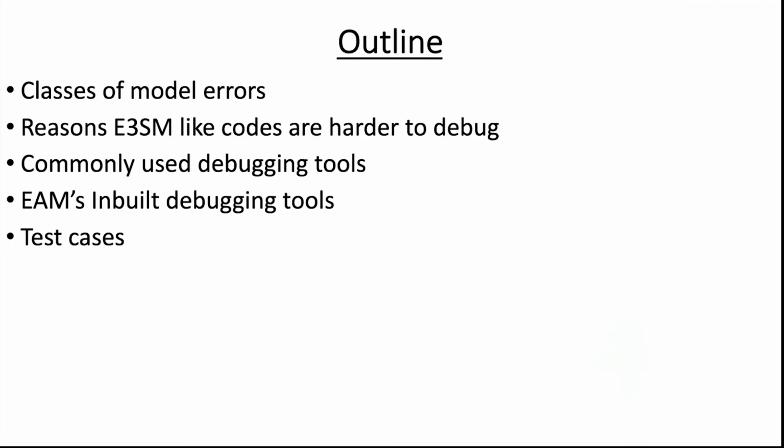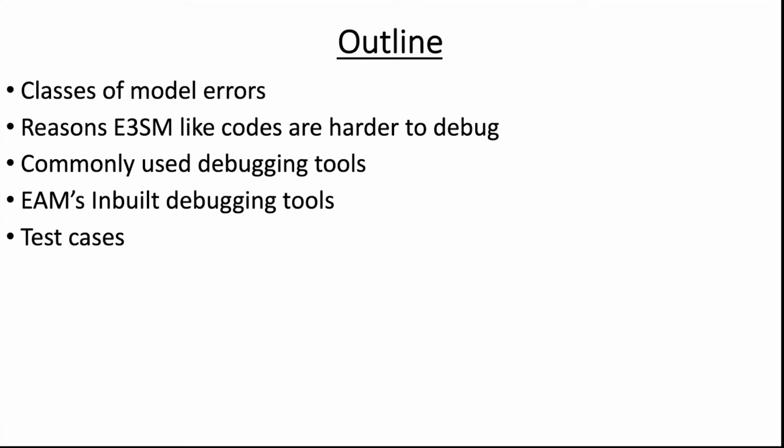So here's the outline of my talk. I will talk about classes of model errors, where I will categorize what kind of errors we typically get when we run the model and how easy or difficult they are to debug.